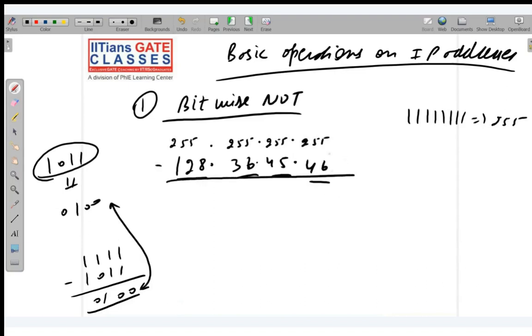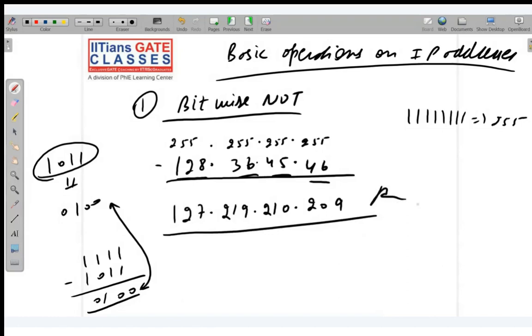Here you should also know that there will be no borrow anywhere. Why? Because here we cannot have any number more than 255. So no need to find borrow. Very simple scenario. So it will be 127, 219, 210, 209.